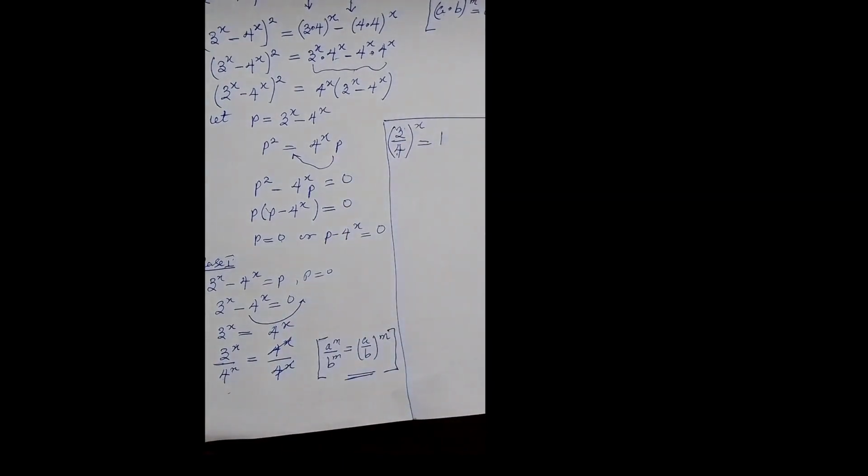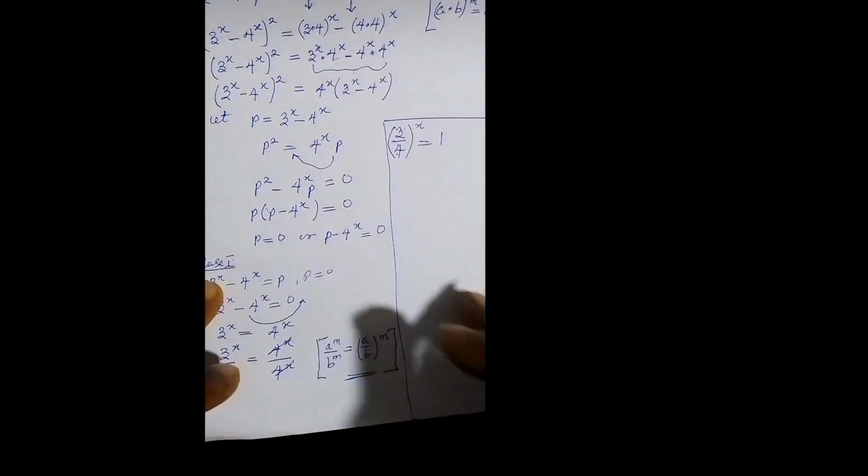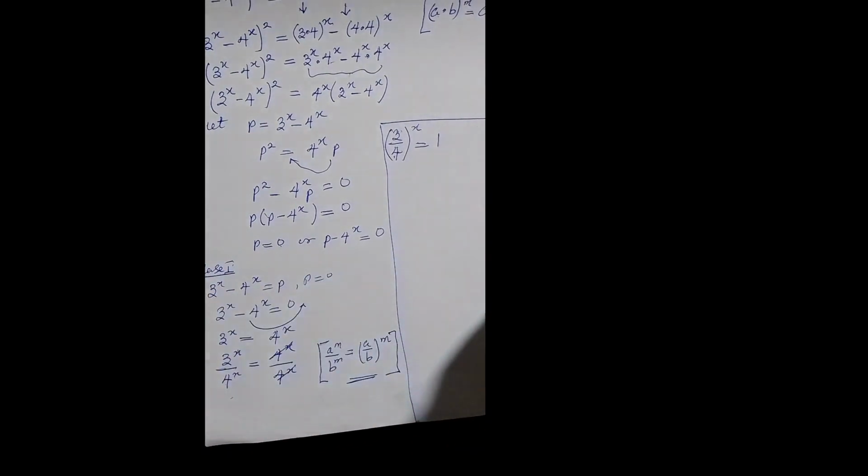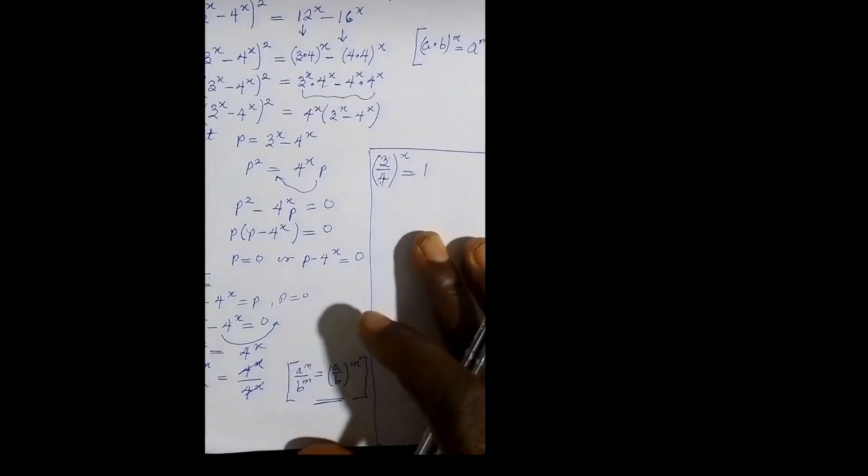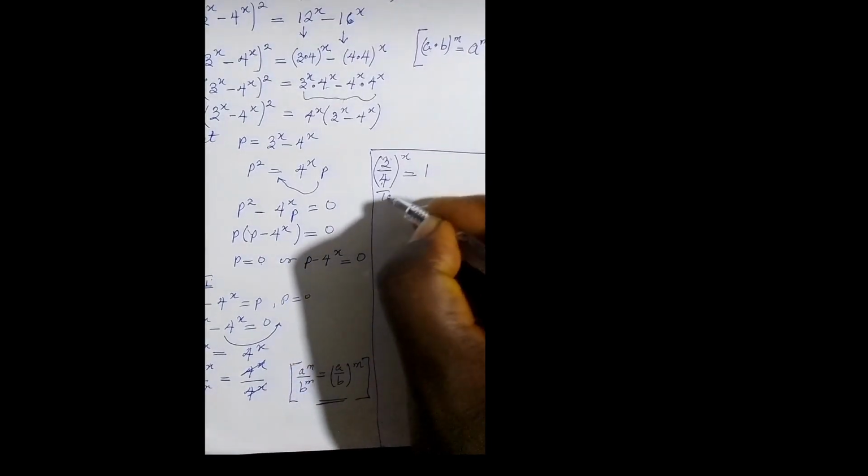So what we're going to do is to take the natural log of both sides, or you can say the logarithm to base e. So that natural log is ln of 3 over 4 to the power of x equal to ln of 1.